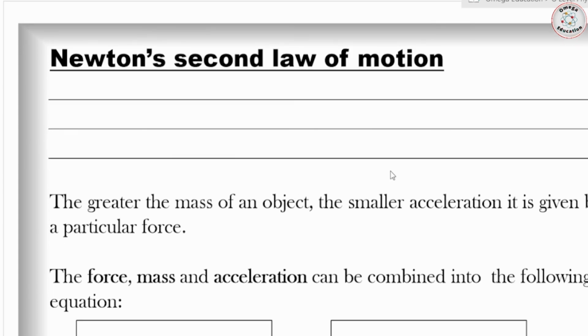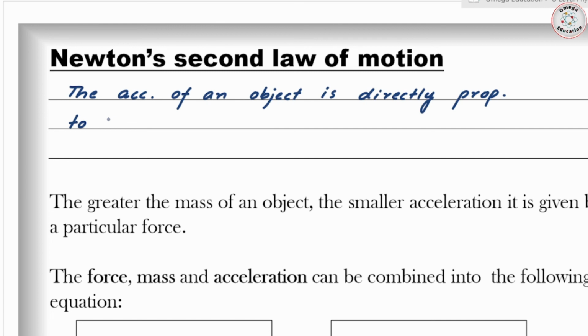Newton's second law of motion corresponds to unbalanced forces, and it says the acceleration of an object is directly proportional to the resultant force and inversely proportional to the mass of the object.